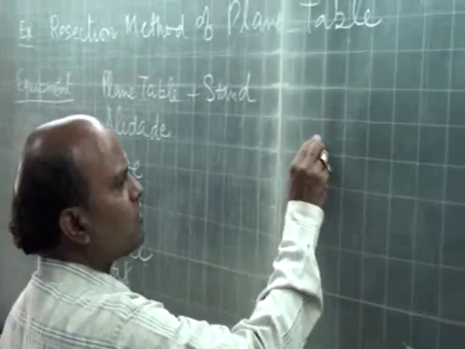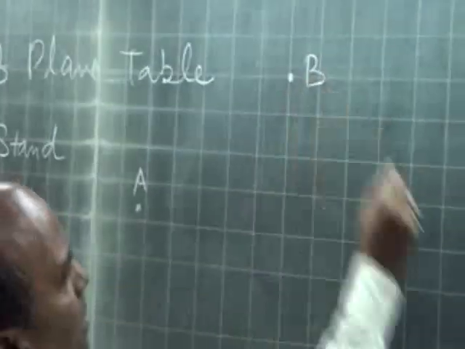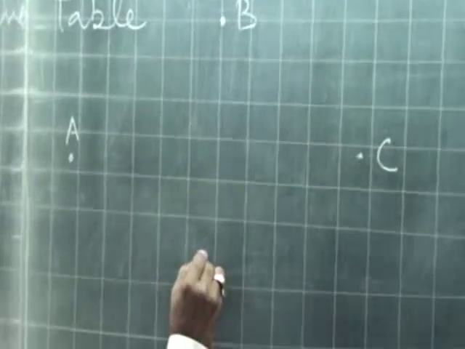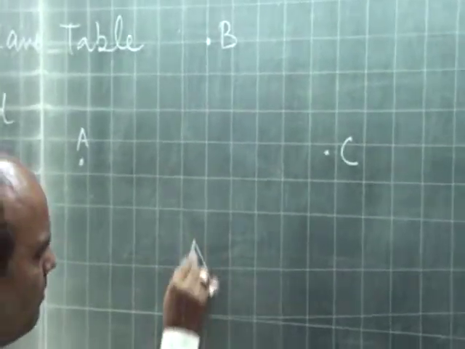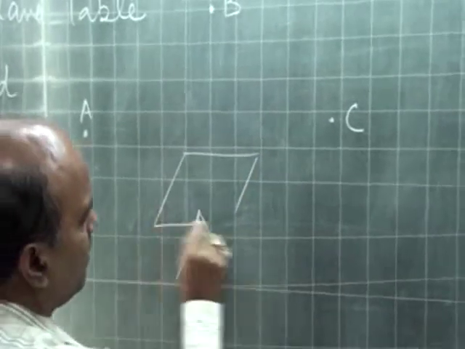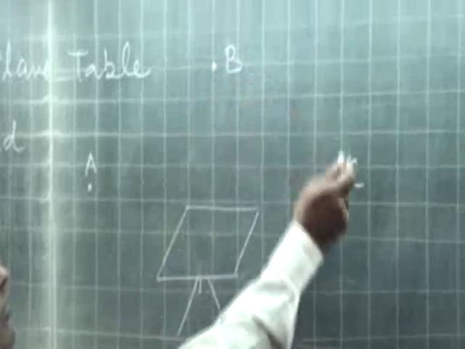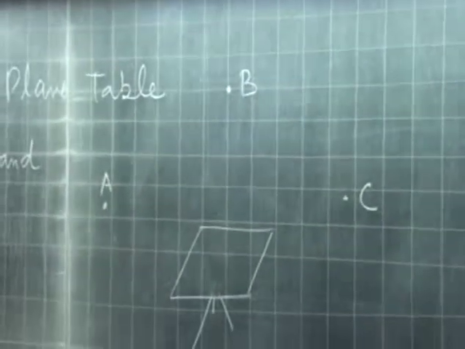Very simple principle which we use is, suppose there are 3 points A, B and C. These are known as the control points and their position is known to us. So we set up the plane table at a station whose position is to be determined with the help of these 3 control points.